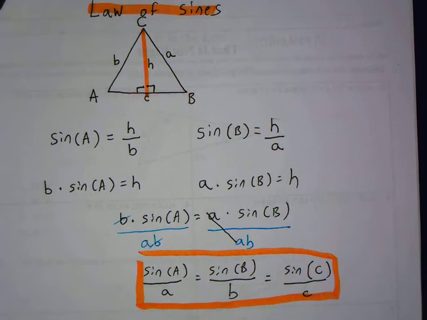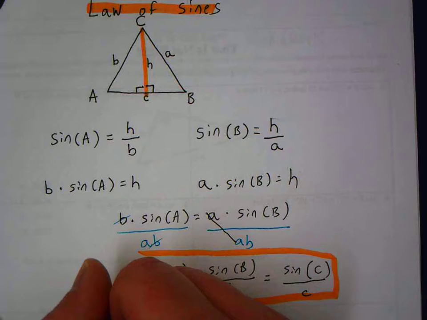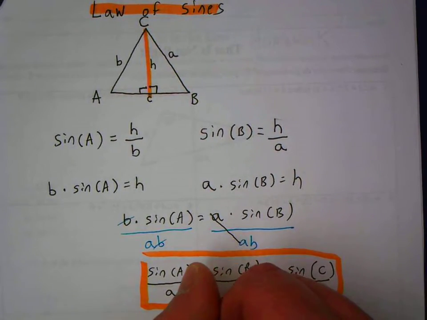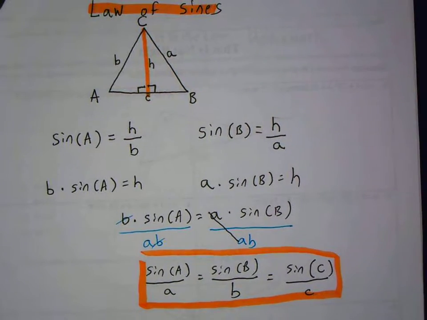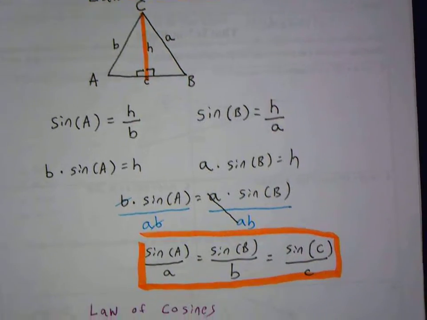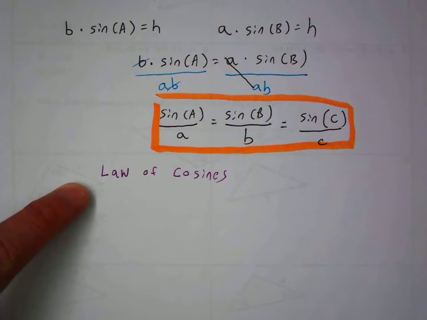Now, there are two laws. The other one is called the law of cosines. It also has a proof, and it's just way too much information to go over both, so I'm going to save this for another day.